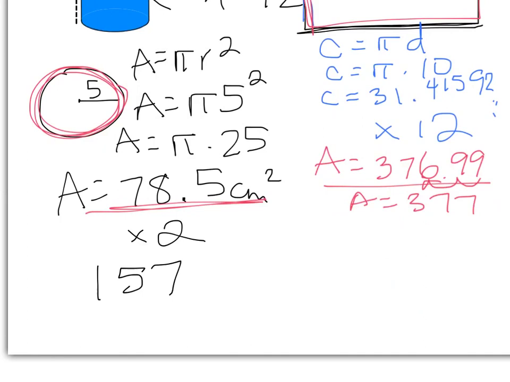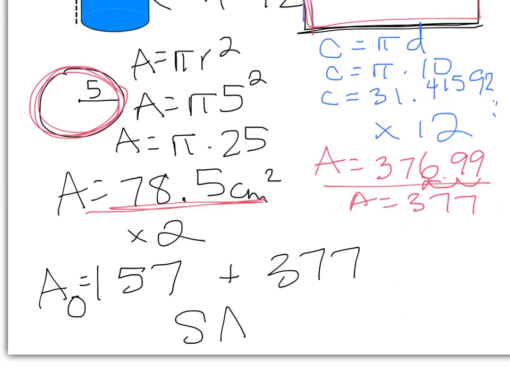Because it was 78.5 plus 78.5. So my area of two circles is 157, plus this 377 area of the rectangle gives me a surface area of the cylinder at 534 centimeters squared.